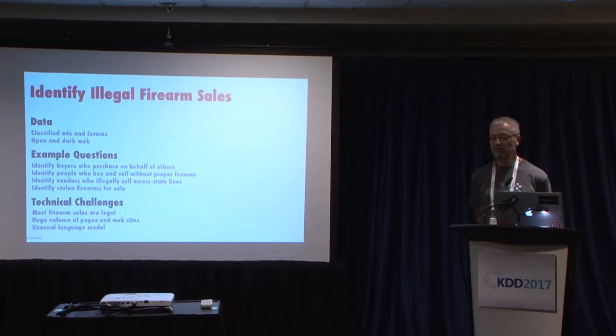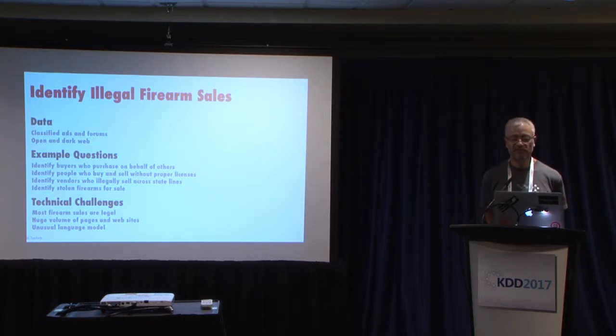Another domain that we've worked on is identifying illegal firearm sales. So in the US, it's legal to buy and sell firearms within the law. Most sales are legal, but some are illegal. There are people who are not supposed to be able to get guns. There are people who are not supposed to buy and sell guns or sell guns across state lines and so on.